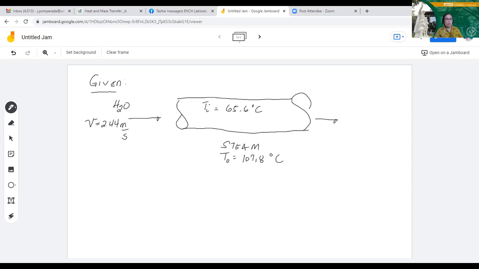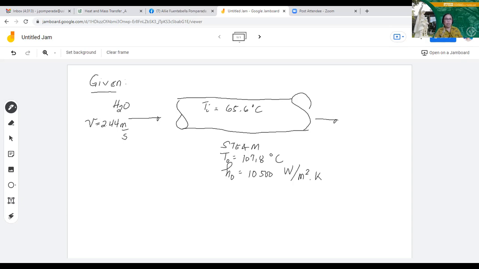As for the steam side heat transfer coefficient, it's also provided. We label that as h_o, the value of which is 10,500 watt per square meter per Kelvin.